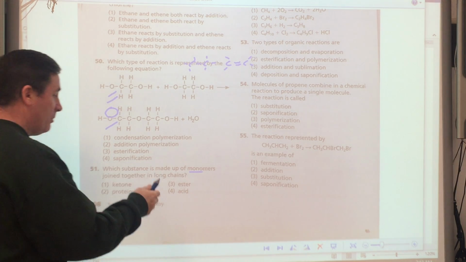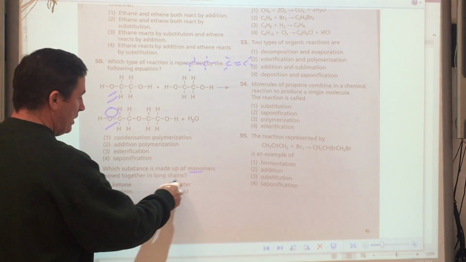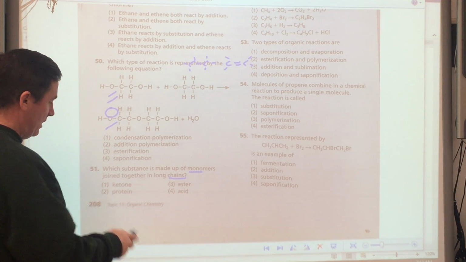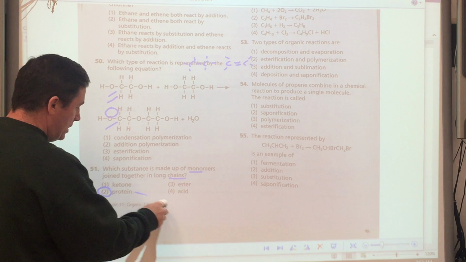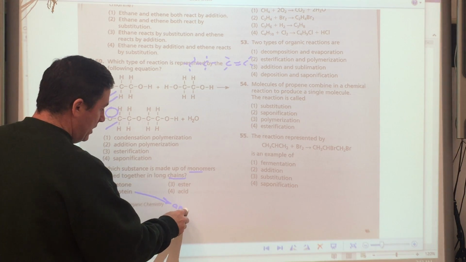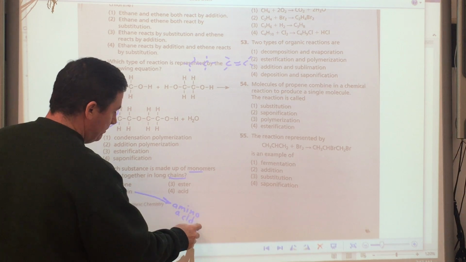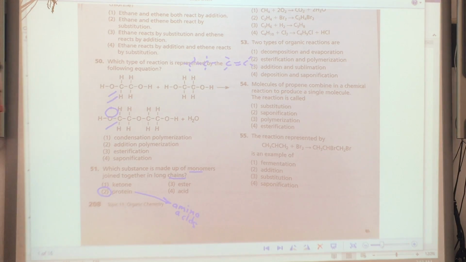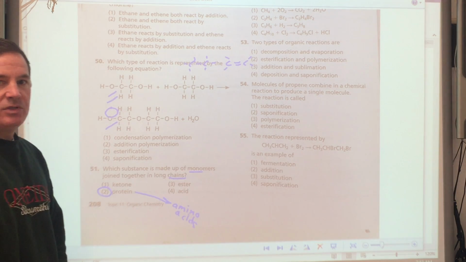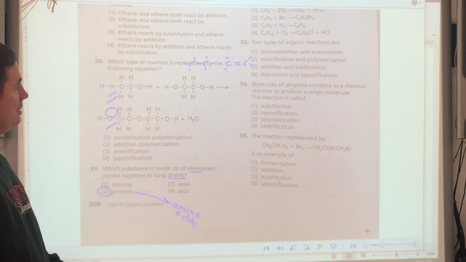They can be long, but they're not chains, which means that they're the same thing again and again. It's a protein, and proteins are made of amino acid chains. So each amino acid is a monomer to make a polymer.